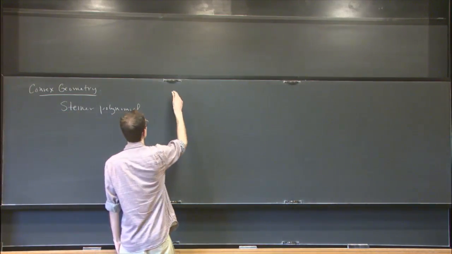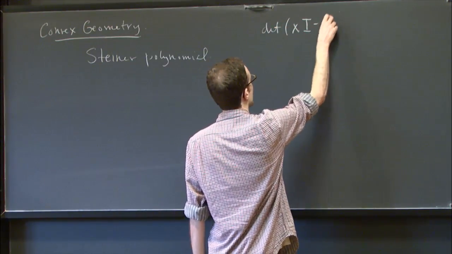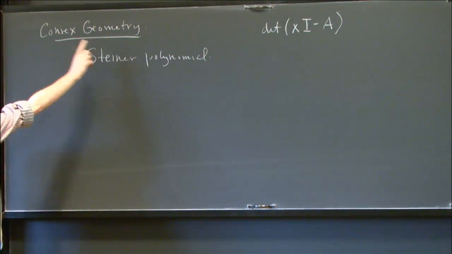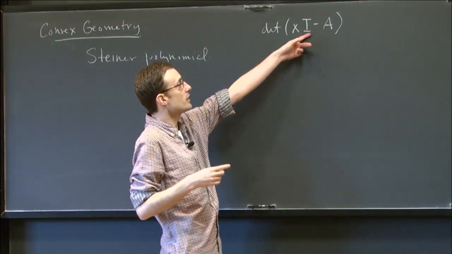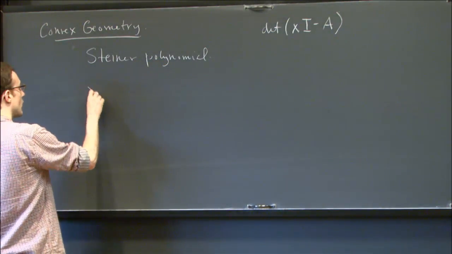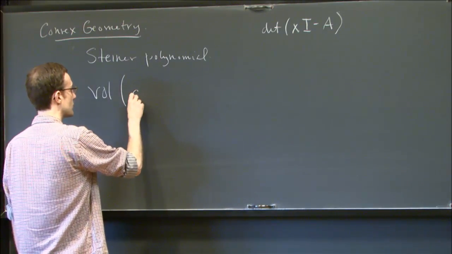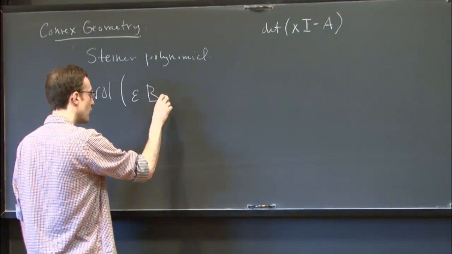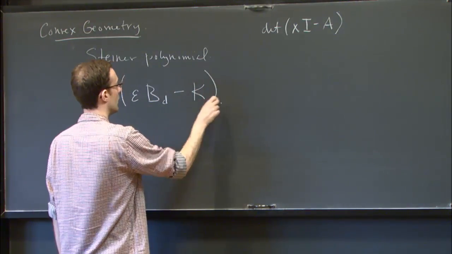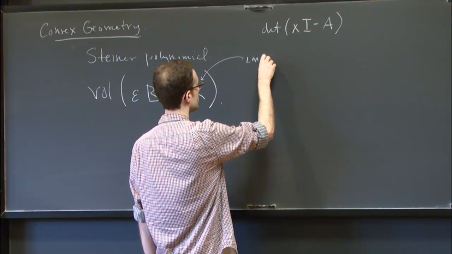So for a characteristic polynomial, we have the determinant of xI minus A. For convex geometry, the identity is essentially the unit ball, and you're asking about the volume of epsilon times the ball plus your convex body.